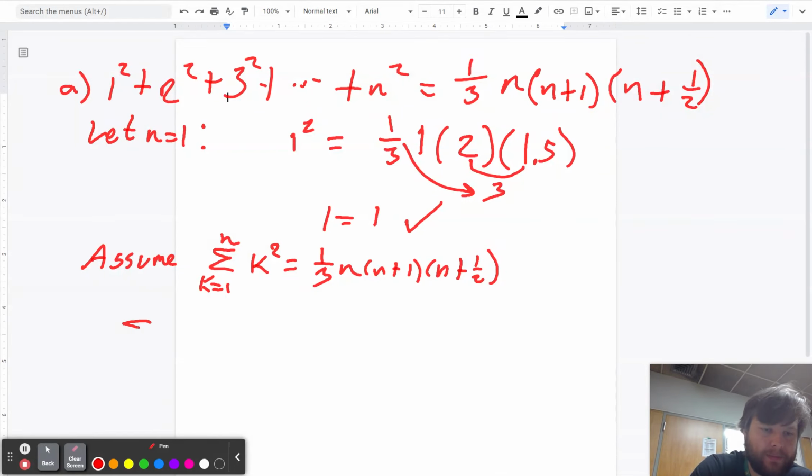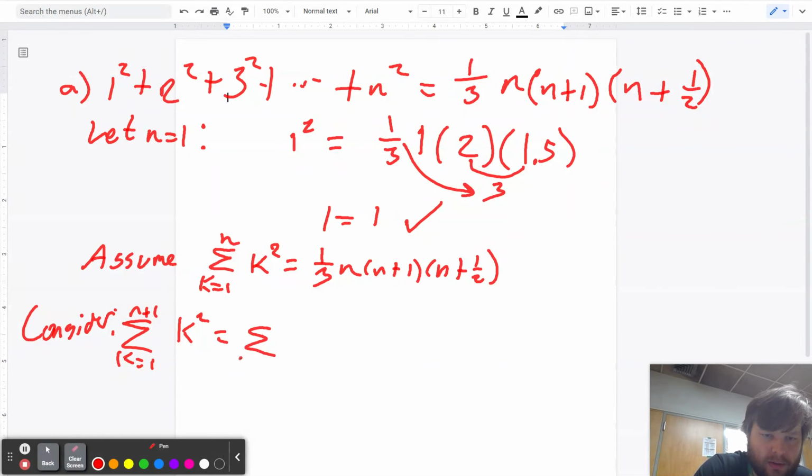I like to write the word consider: the sum from k equals 1 to n plus 1 of k squared. That's going to equal the sum from k equals 1 to n of k squared plus one more term, n plus 1 squared.